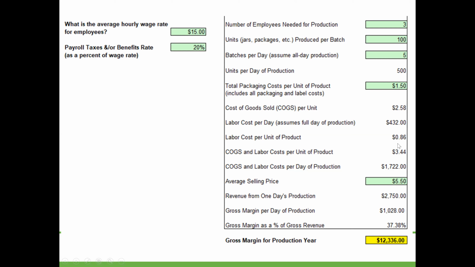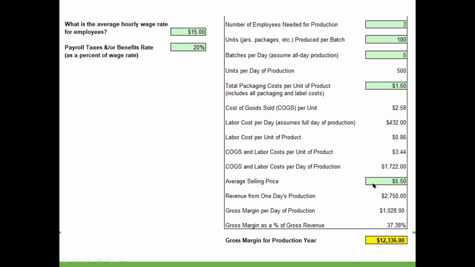And so now when I add that 86 cents of labor to my cost of goods sold of $2.58, that total is $3.44 a jar. And if I look at it in terms of my cost of goods sold and my labor costs per day of production, when I made 500 jars, now that number is $1,722.